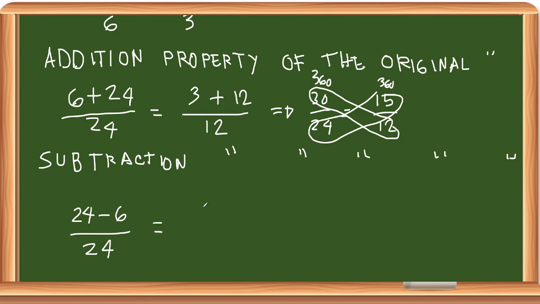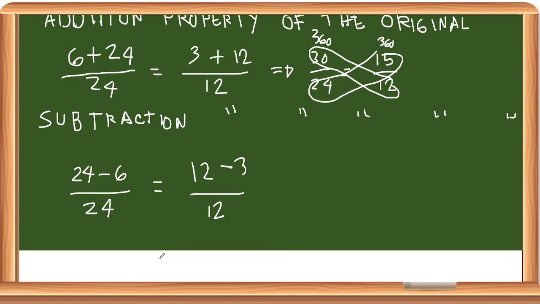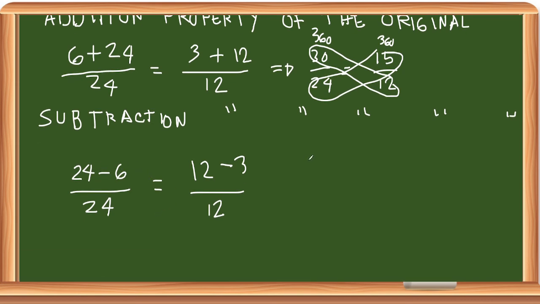It is equal to 12 minus 3 over 12. Kung ano yung ginawa mo dito, ganun din ang gagawin mo dito. 24 minus 6 is 18 over 24 is equal to 12 minus 3 is 9 over 12.